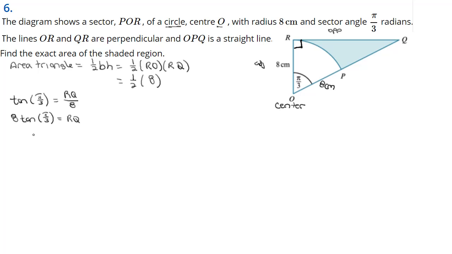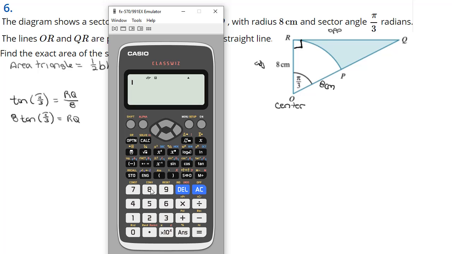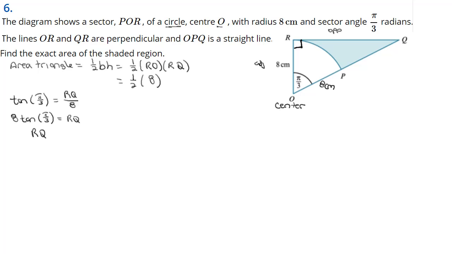So when I type it in the calculator, let's try it, see what happens. Plug it in here, pi over 3. I'm going to get 8 square root of 3.